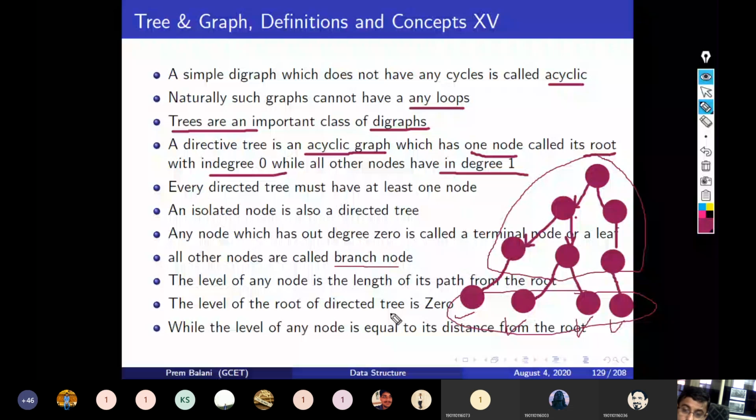The level of this node is 1. This node is 1. Level of this node is 2. This node is also 2, and this is also 2, and all these nodes have level 3 likewise. Okay. So the level of any node is equal to its distance from the root. Let's go ahead.